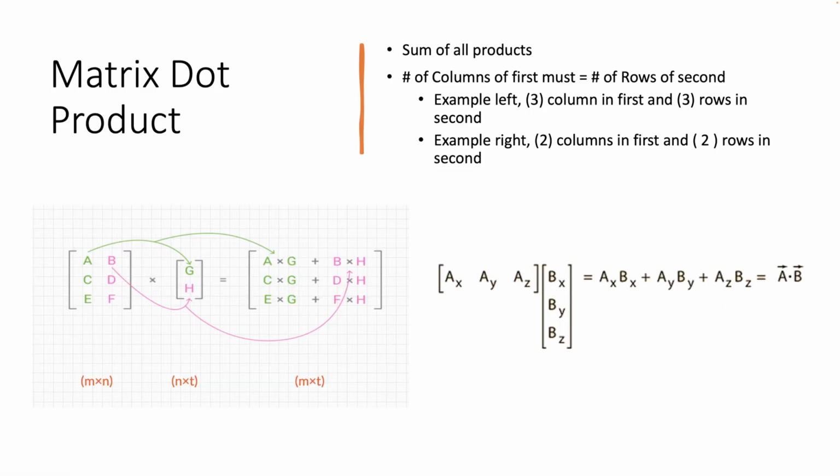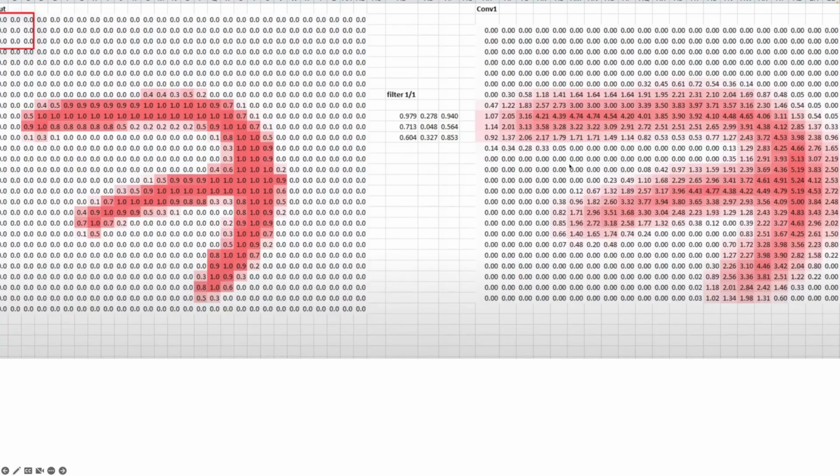So what we do is we actually use a dot product, or just a sum of all the products in a matrix, and it's a pretty easy operation to do. So when we look at this particular example here, we're going to see how we can perform a dot product.